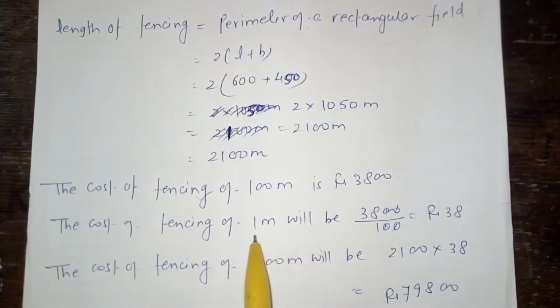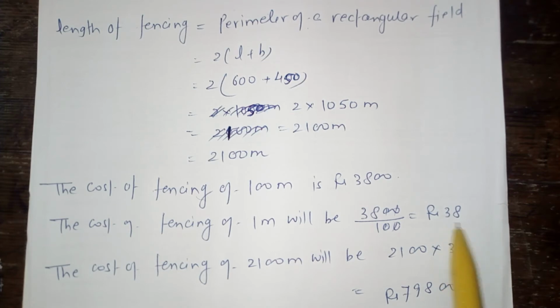In this question we will apply the unitary method for finding the value of 1 unit. For finding the value of 1 unit, we will apply the division procedure. So the cost of fencing of 1 meter will be 3800 upon 100. After cancellation you will get rupees 38.